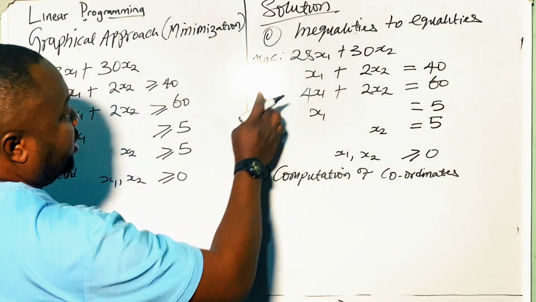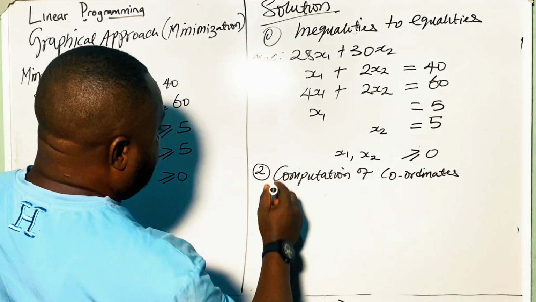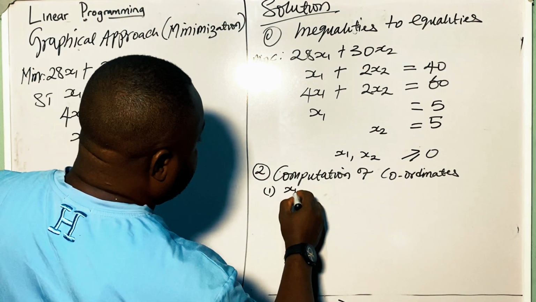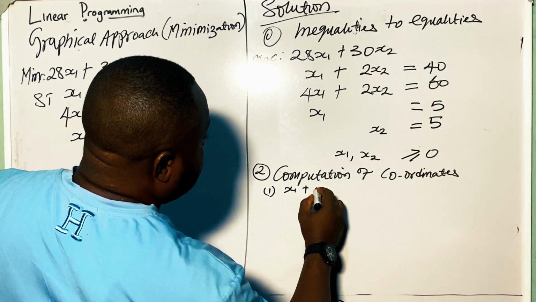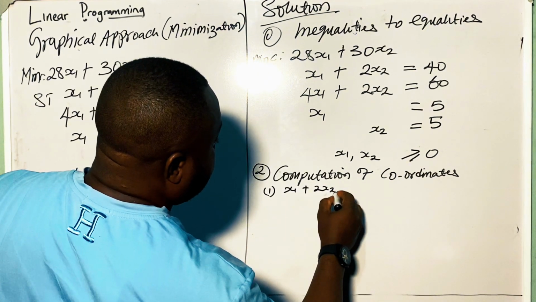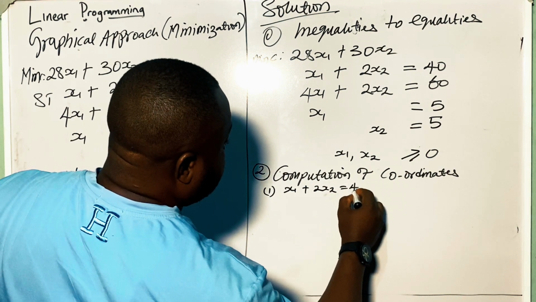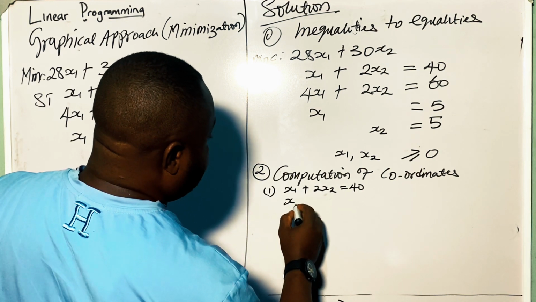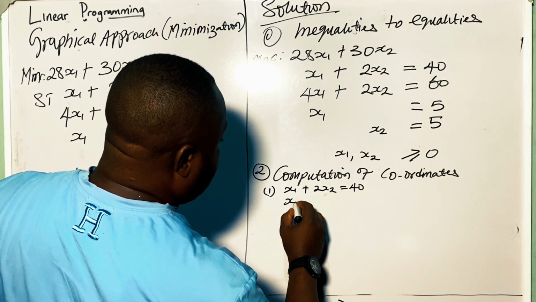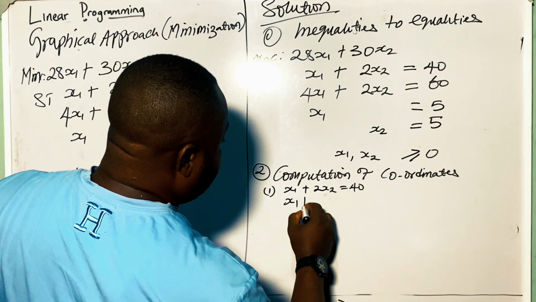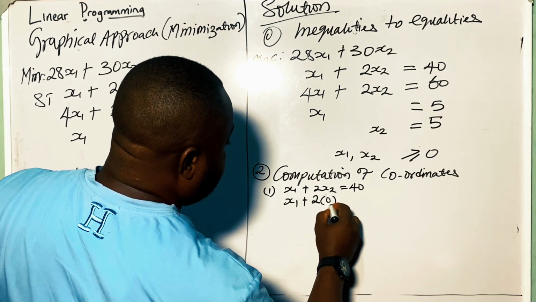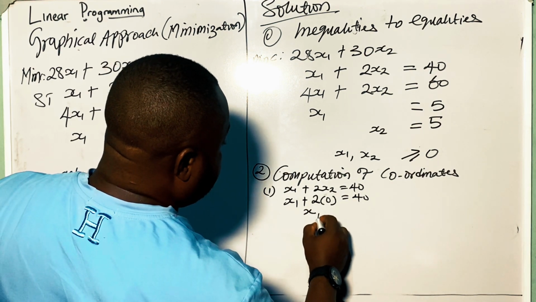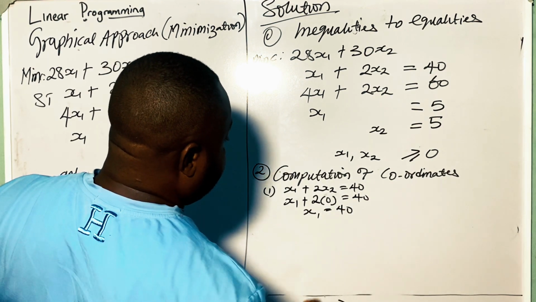So for this, we have for the first one that x1 plus 2x2 is equal to 40. If we hold x2 constant at 0, x1 plus 2 by 0 is equal to 40, such that x1 will be equal to 40.